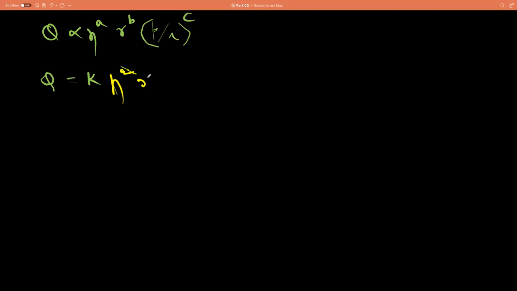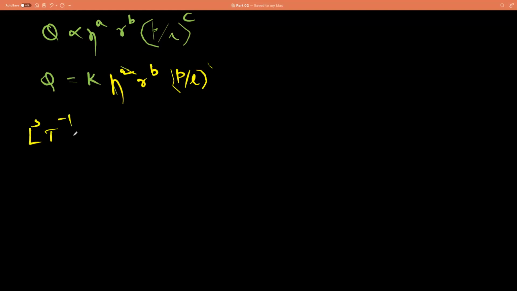So Q is directly proportional to eta power A, R power B, and P by L to the power C. So Q will be equal to K times eta power A, R power B, and P by L to the power C. What is the dimensional formula of Q?